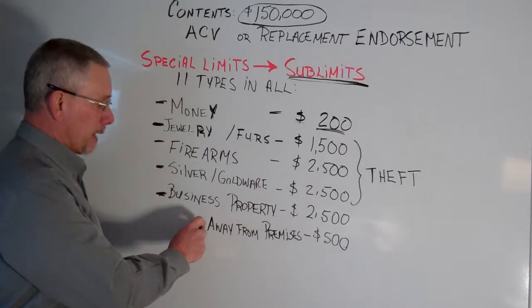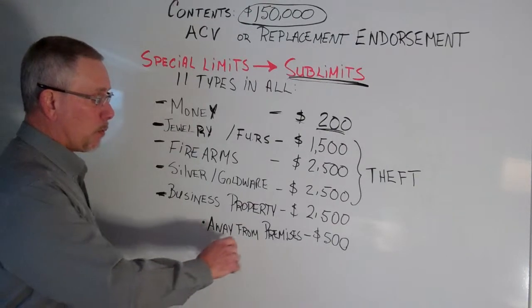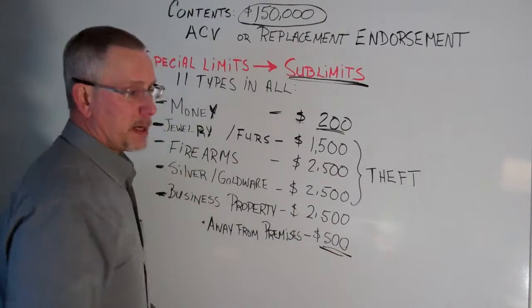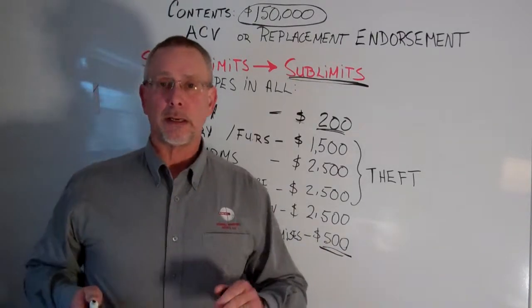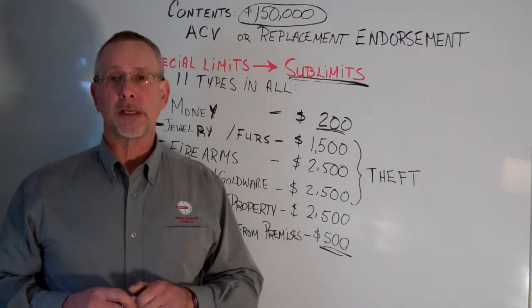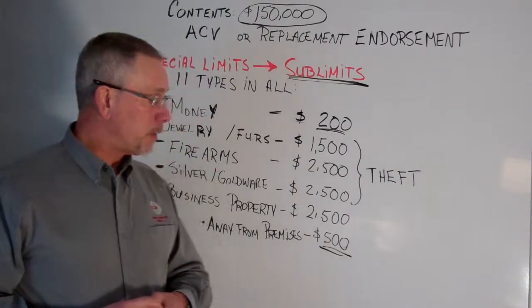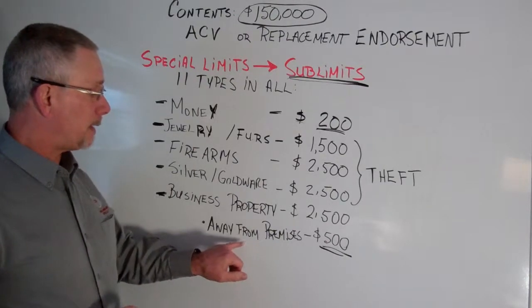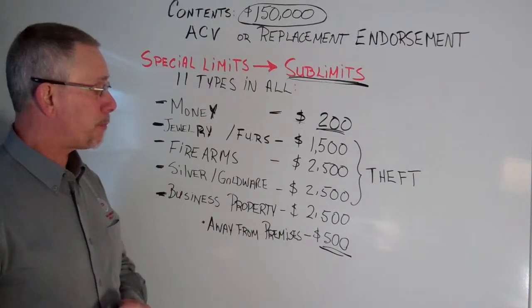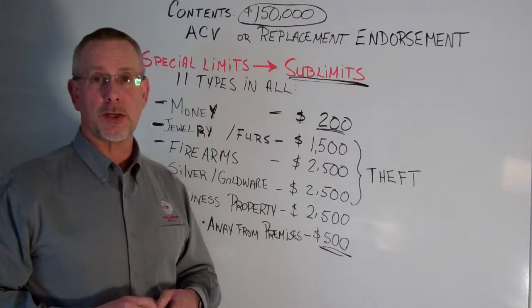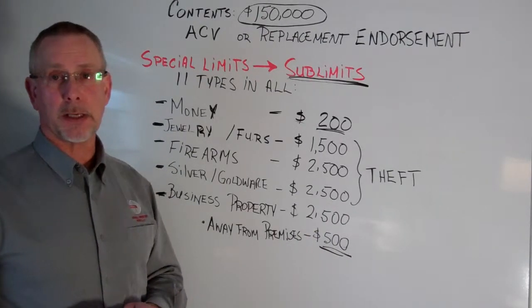Again, business property away from the premises is limited to $500. Really looking at computers, laptops, things such as this that could be stolen out of your car. And so just be aware that if you don't have the business property away from home endorsement, you will have a $500 limitation when you go to put a claim in on that.